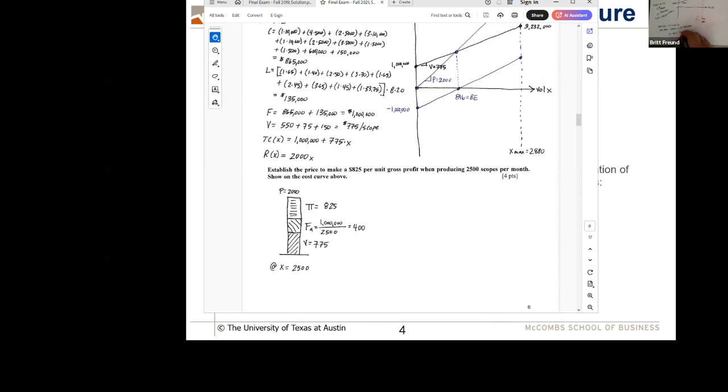But we had to divide by the 2,500. And then finally, the 775 was multiplied by the 2,500, but I got rid of the 2,500. I divided by the 2,500 plus the 775. That 825 is that 825. That 1 million over 2,500 is that allocated fixed cost. And that 775 is that 775.